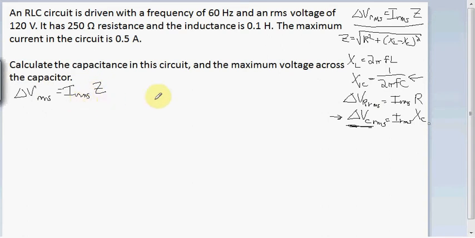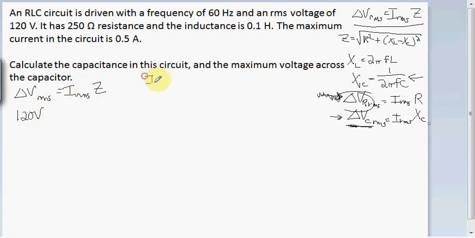A lot of people would be tempted to use this one, but this we don't know. This is the maximum voltage across the resistance, and what we know is the power supply voltage, not the voltage across the resistance. So delta V RMS is 120 volts.